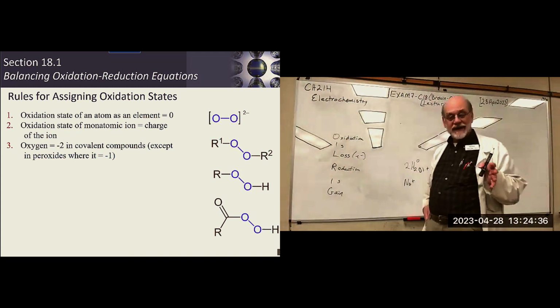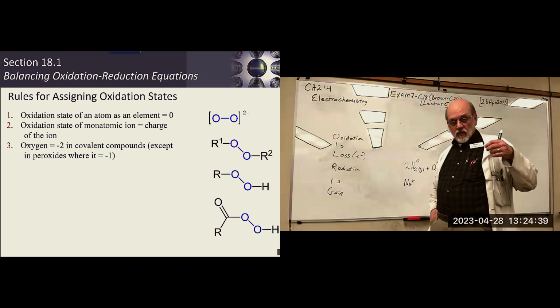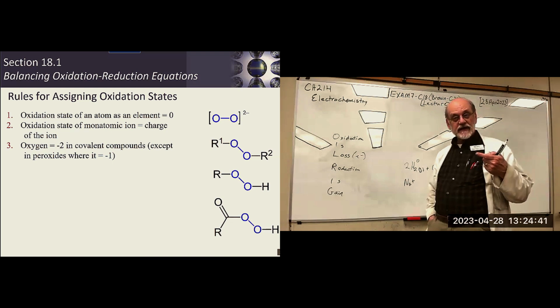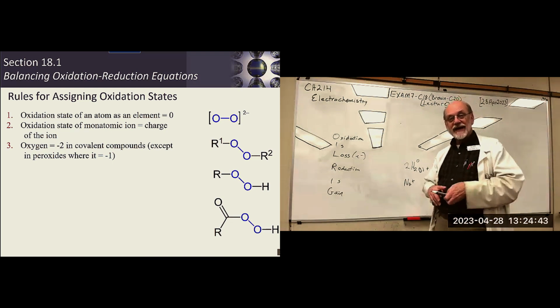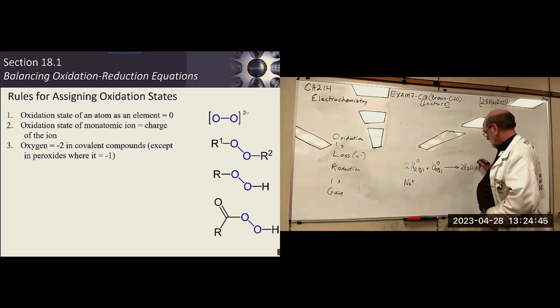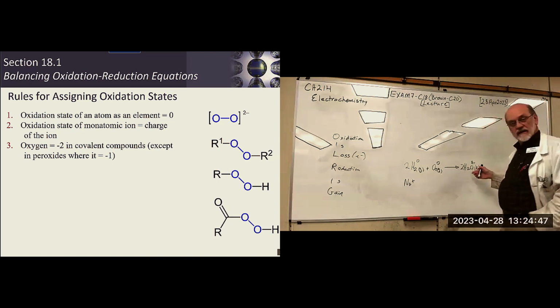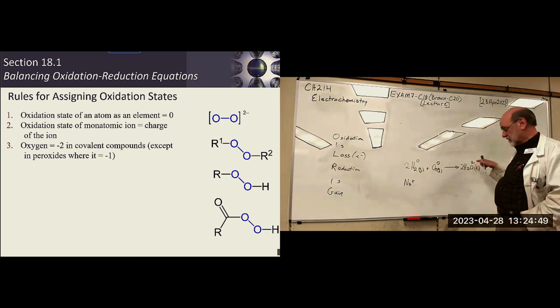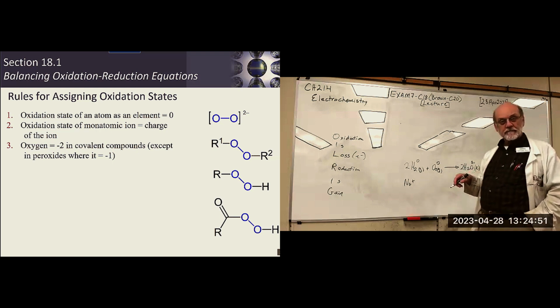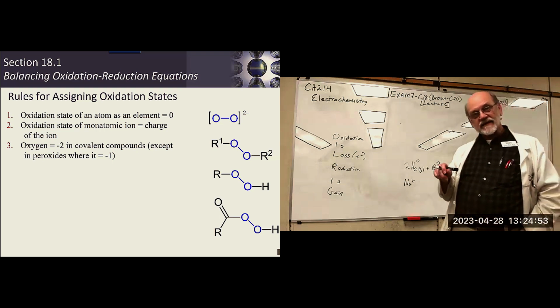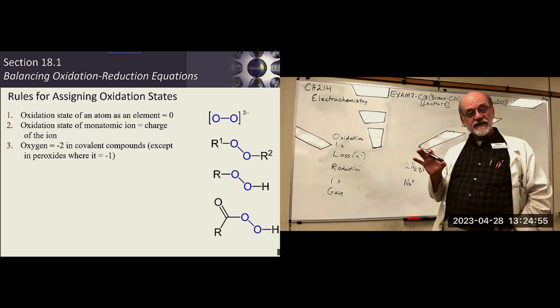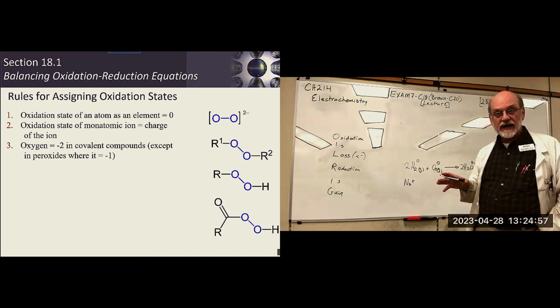In covalent compounds, we assign an oxidation state for oxygen of -2. So this is part of a covalent compound, it's a -2. The only time that does not hold is if that oxygen is part of a peroxide.